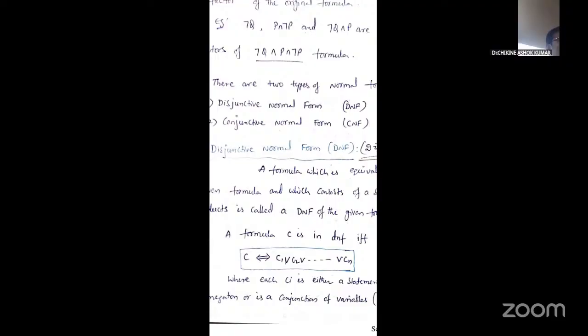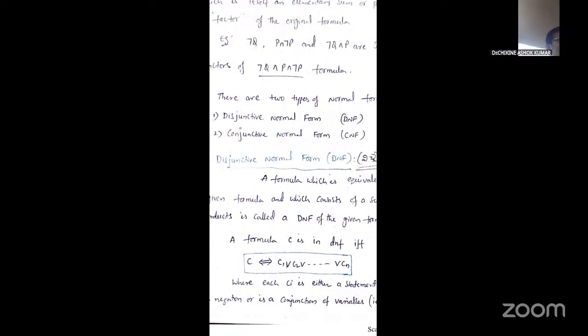It is written as the sum of elementary products. I will repeat once again: finally this proposition can be written as the sum of elementary products, negation P intersection negation Q union Q intersection P.